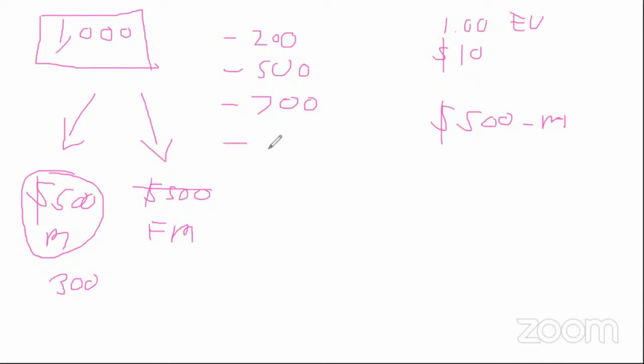Let's say it goes down to negative 900. Before that happens, it will close all your positions. Okay? So that you don't reach the point where the account is completely wiped out.